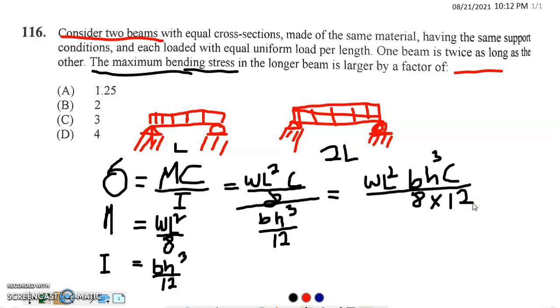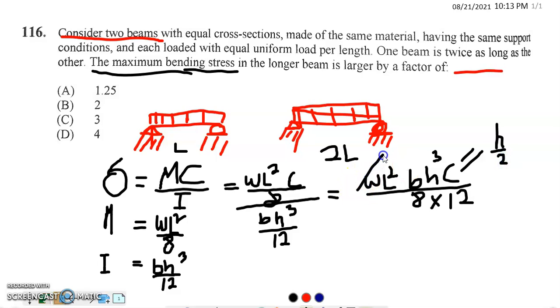Remember what the question says: everything is uniform except for the length. The length is the only thing that changed. The rest remains the same. And C in this case is H over 2 for the neutral axis.